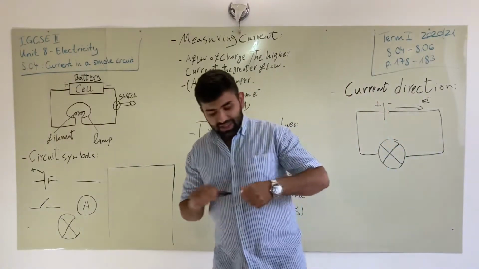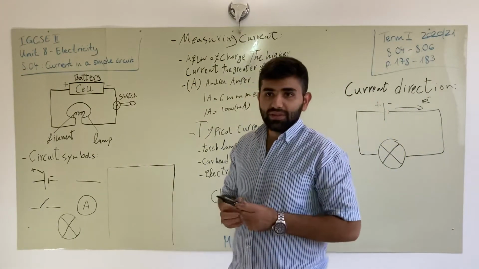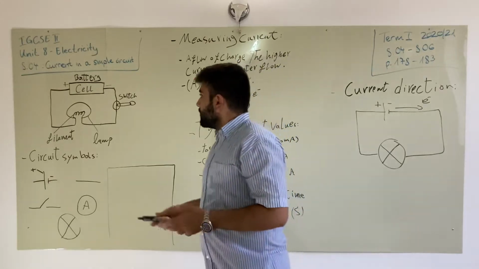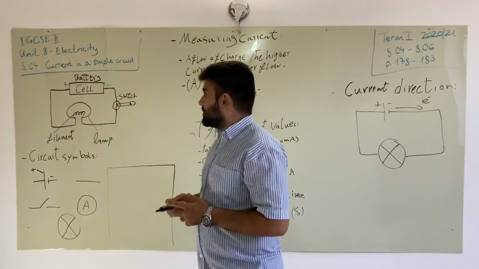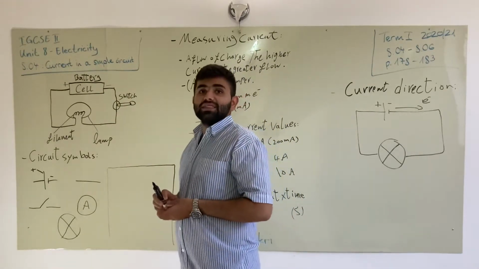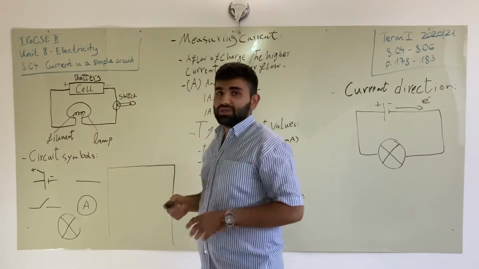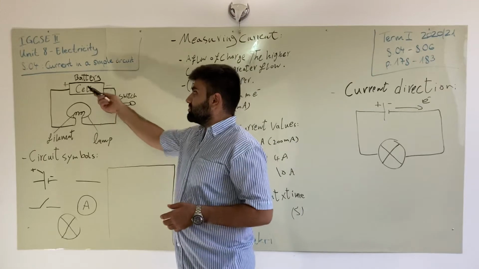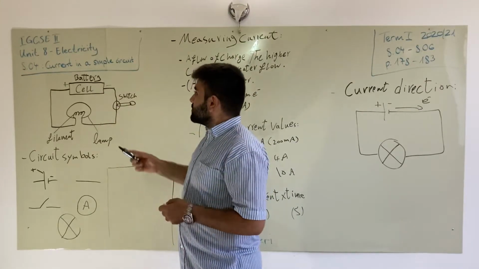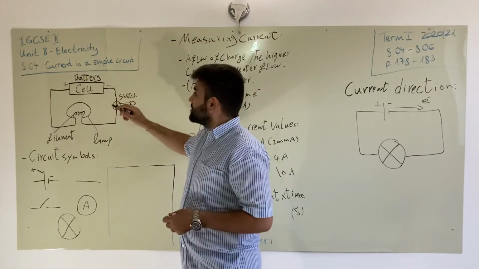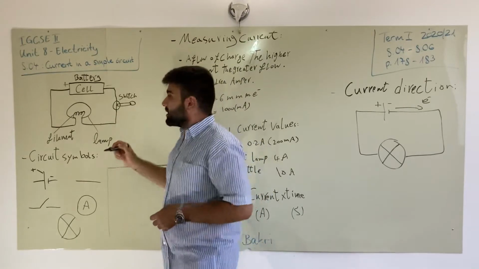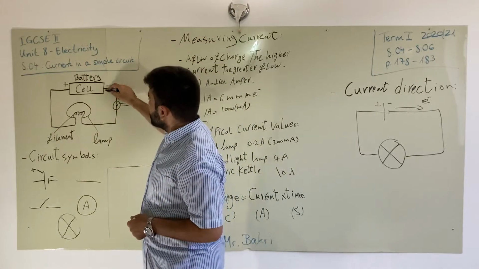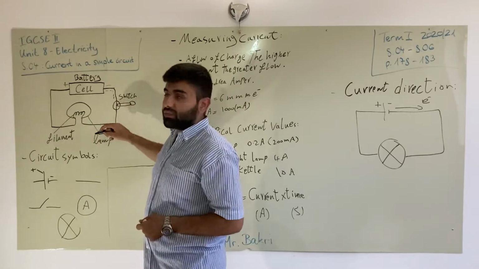So let's talk about what the current in a simple circuit is. For example, here we have a battery or a cell that gives us electrons. Because of the chemical interaction in the cell, the electrons flow through the connecting wire.